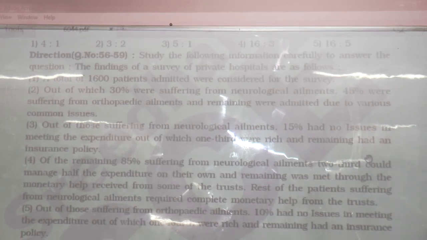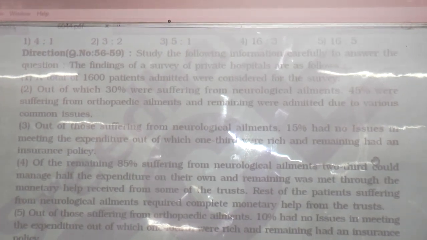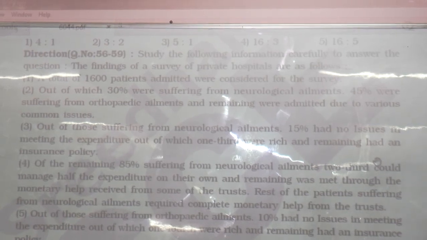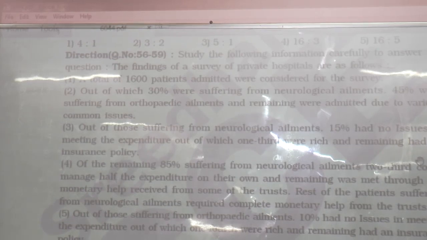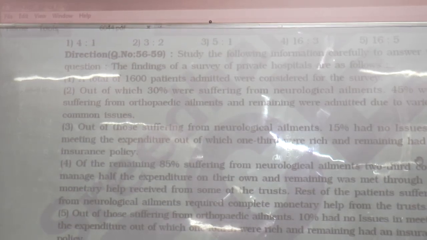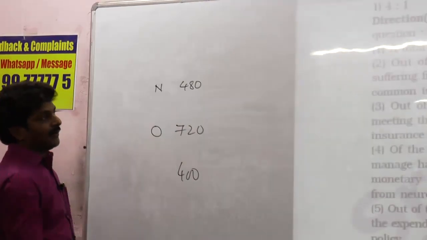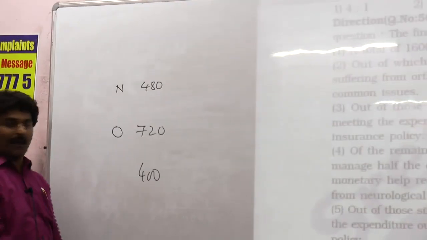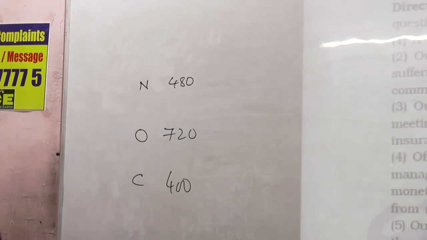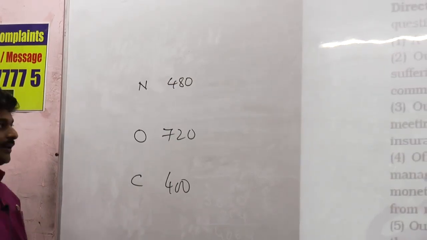So the patients who got neuro problems are 480. 45% were suffering from orthopedic. 45%, half minus 10% of it. Half of 1600 is 800 and 10% of 800 is 80. 800 minus 80 is 720. 1200 is over. Remaining 400. The remaining were admitted due to various common issues. Over? Right, next.